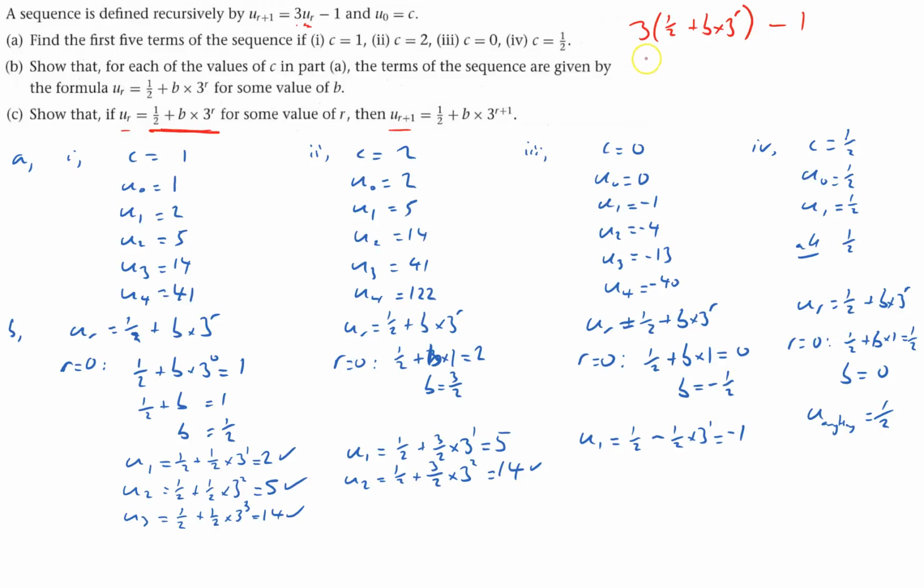And that is 1.5 times by 3 lots of this term here. But I don't have to do 3 times b times this. I could do 3 times the 3 to the power of r first. So it'd be 3 times 3 to the power of r, which is the same as having r plus 1 3's all times together, and then multiply by b. So that is b times 3 to the r plus 1.